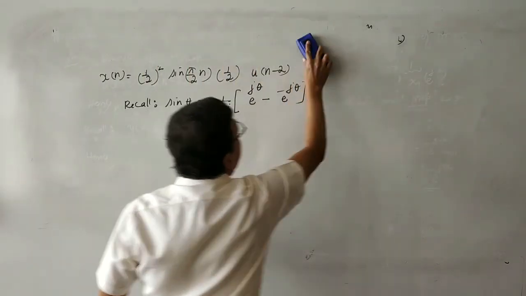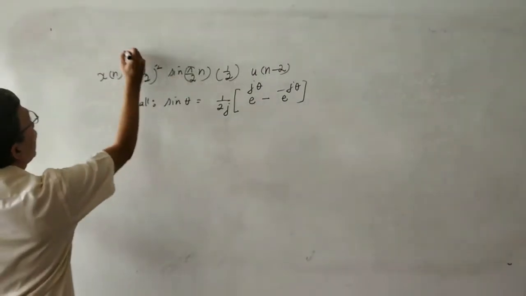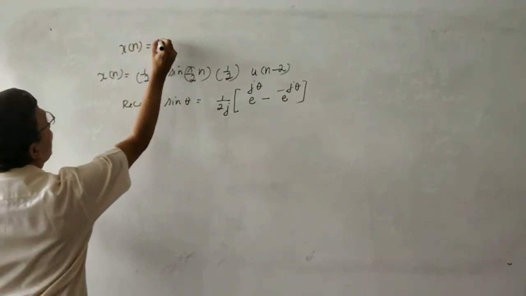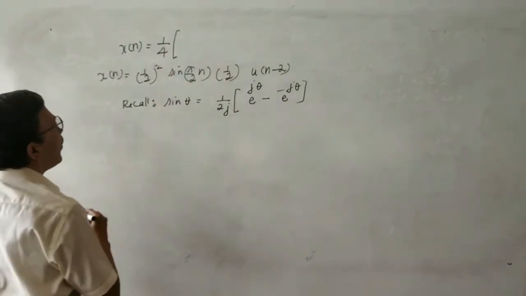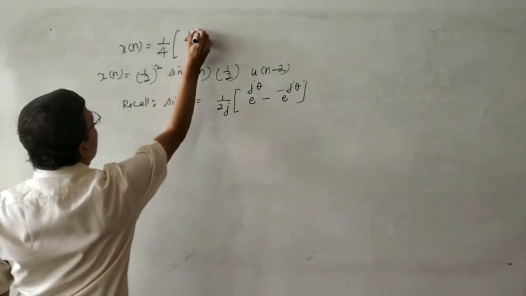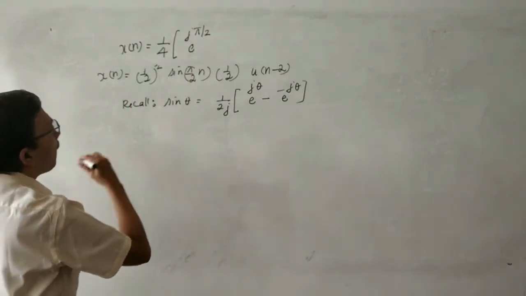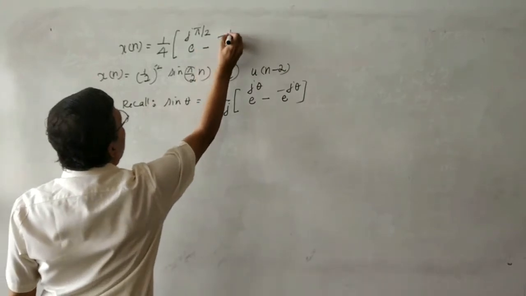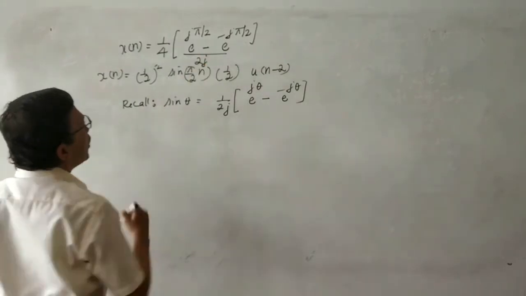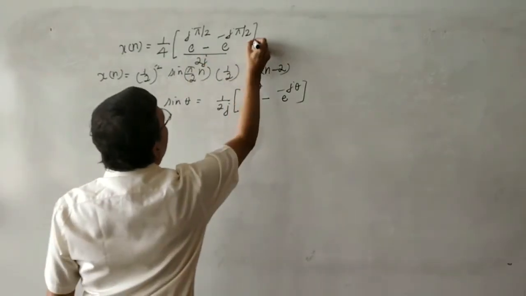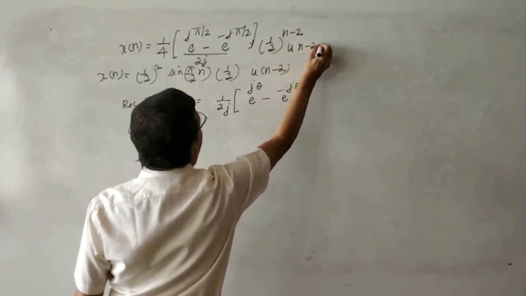We get x of n equals half square, which means 1 by 4, into e to the power j pi by 2 n minus e to the power minus j pi by 2 n, whole thing divided by 2j, into half to the power n minus 2 into u of n minus 2.